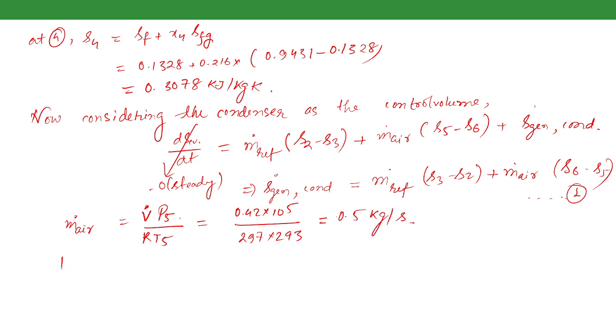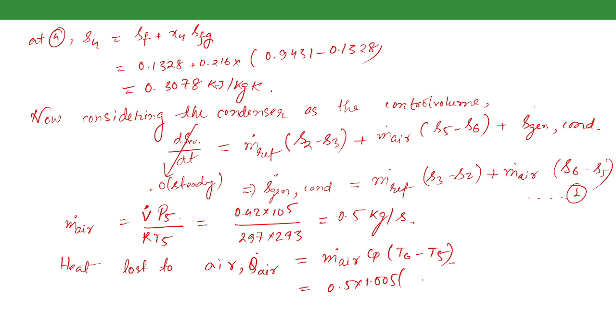And heat loss to air is mass flow rate of air, Cp, T6 minus T5. 0.5 into 1.005.